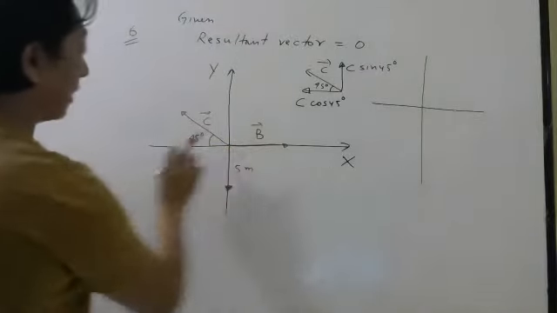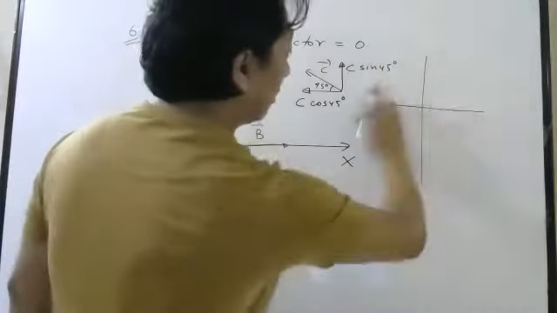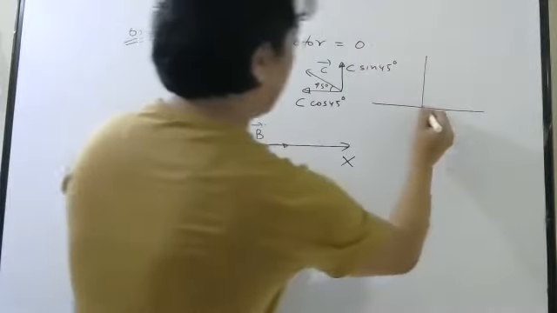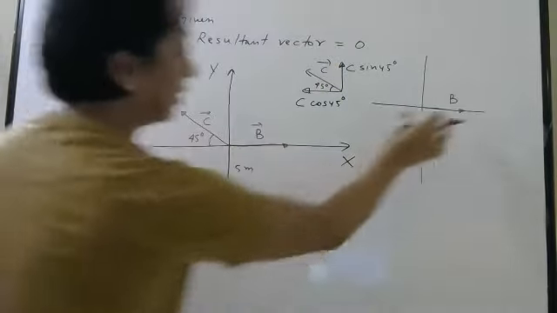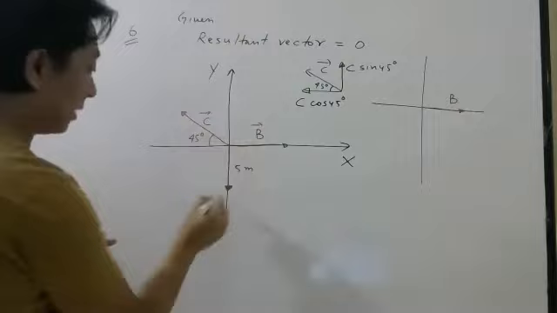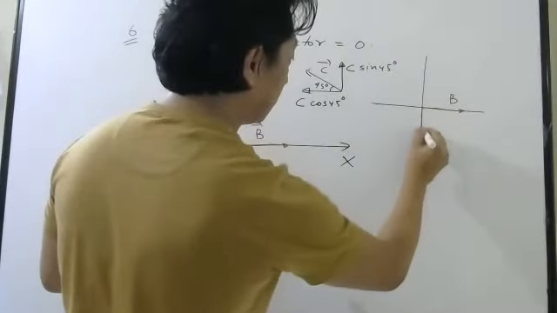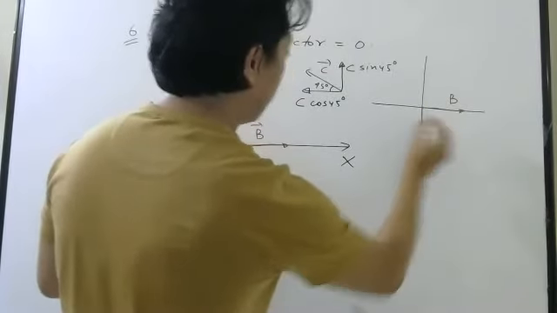Once I have taken components of this, let me show only the components here. For this, I don't know the vector. B, I don't know. Length is B. This is 5.